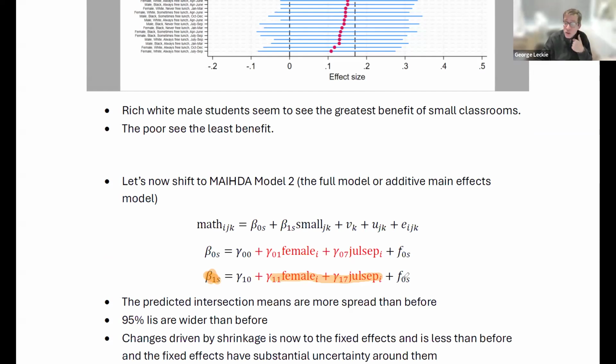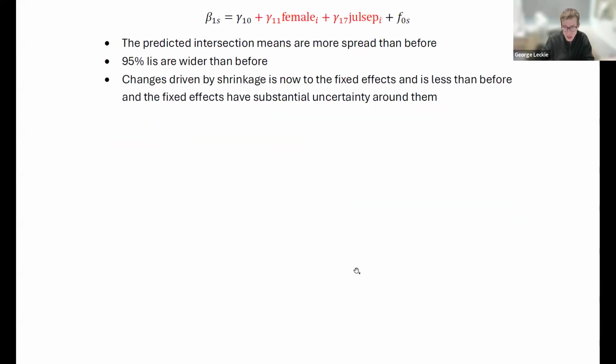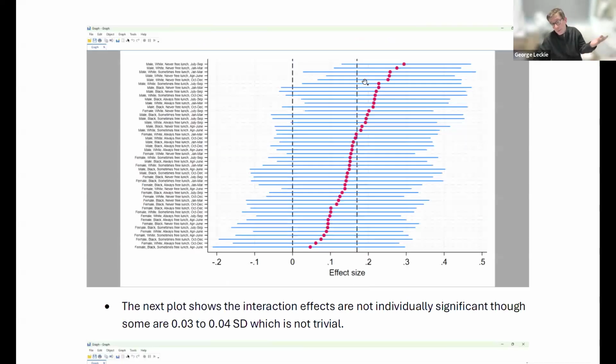And there's far less shrinkage than before, because I'm not shrinking to the single overall treatment effect of 0.19. I'm shrinking to the specific implied treatment effects by additivity. So there's less shrinkage, there's more variation. And so that leads, yes, to more variation and to wider confidence intervals than before. Okay, I'm getting back to more of a fixed effects type approach here.